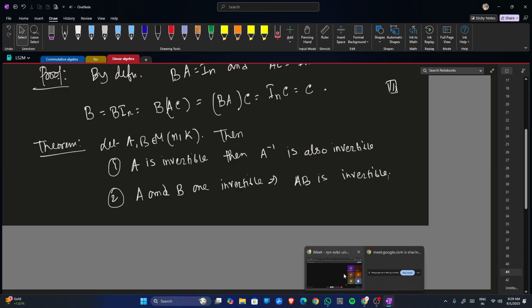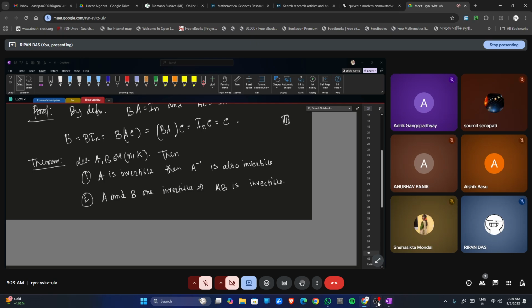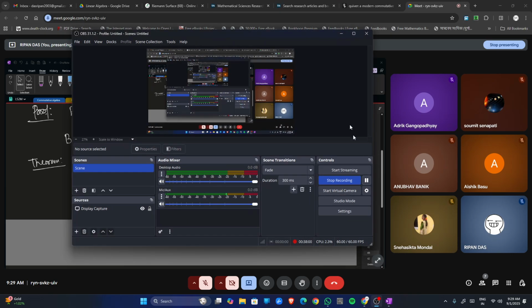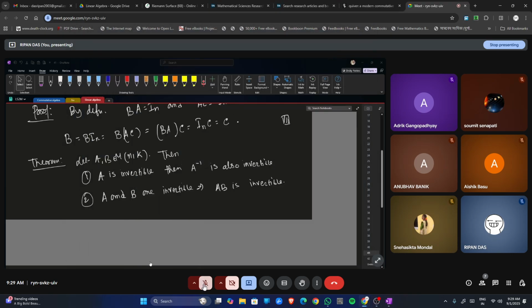Okay, what is the proof? A is invertible implies the inverse is invertible. A and B are invertible, then the product is invertible.